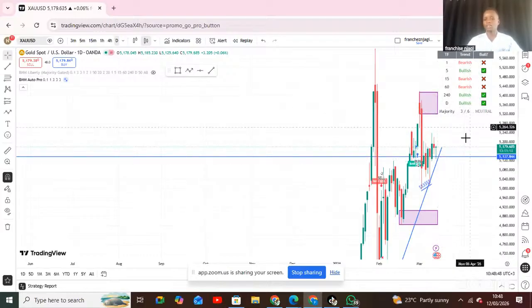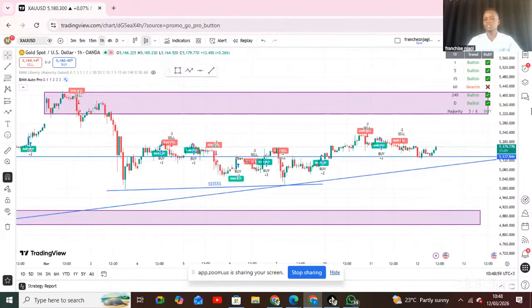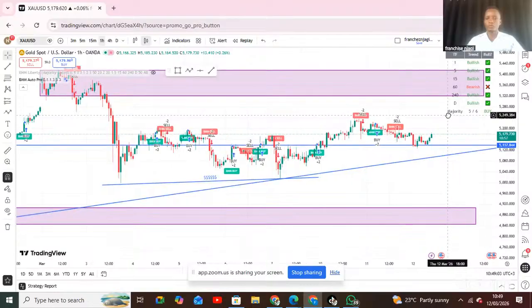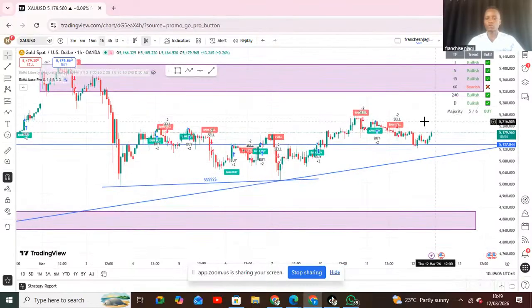But for now it's neutral, because we're still ranging on a very delicate zone. So guys, until gold gives us a clear direction, that's when you decide either to give sells or continue with the buys.